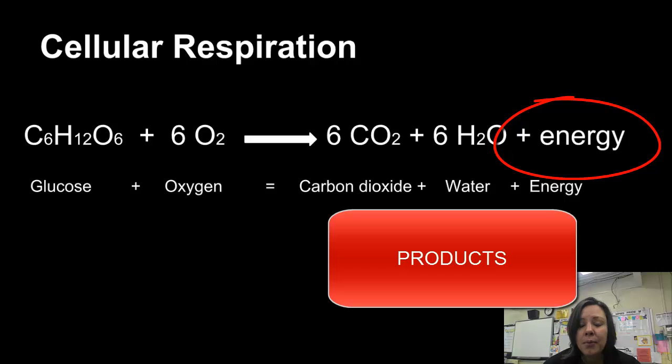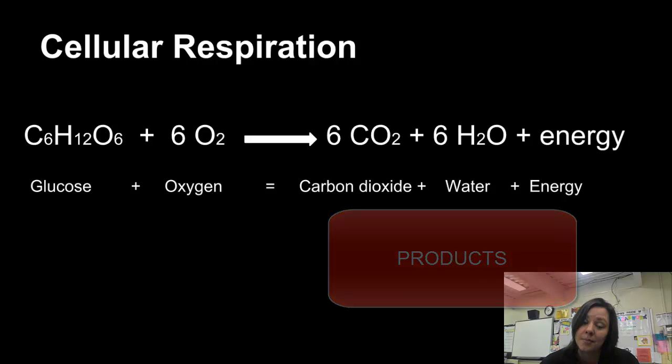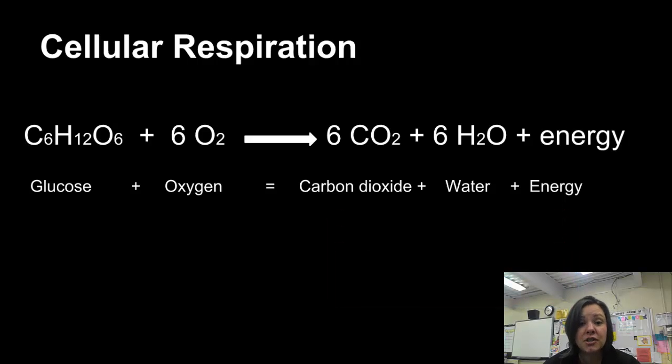And as a byproduct, or additional products of the reaction, we have carbon dioxide, which we eventually exhale, and we have water, which we eventually eliminate. That is cellular respiration. And it should look very familiar. It looks just like photosynthesis in the opposite direction.